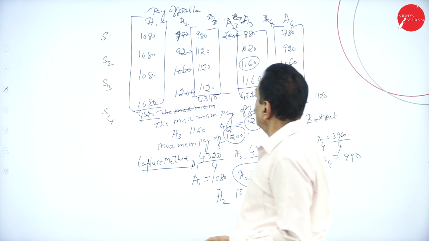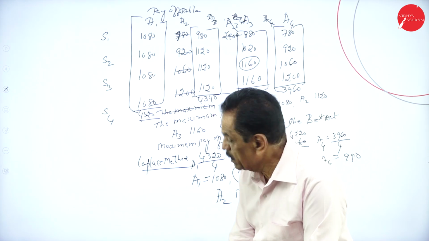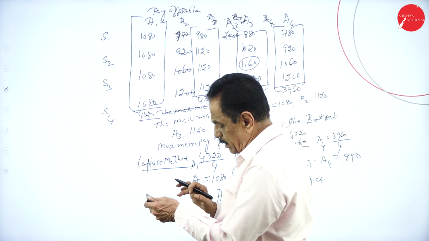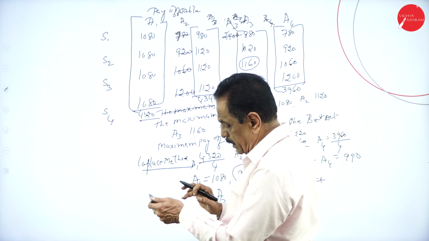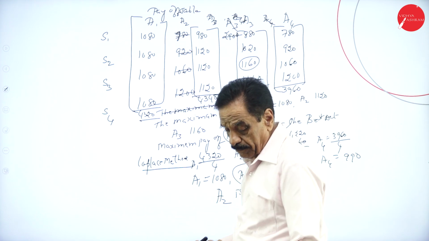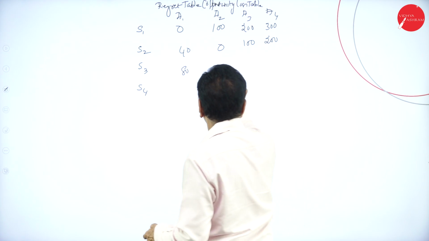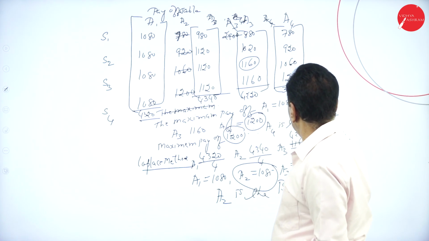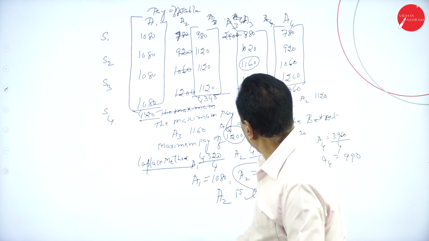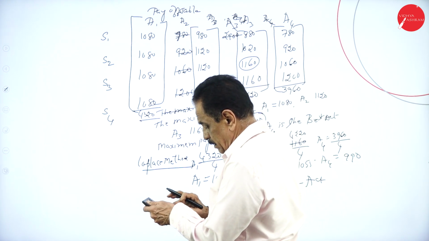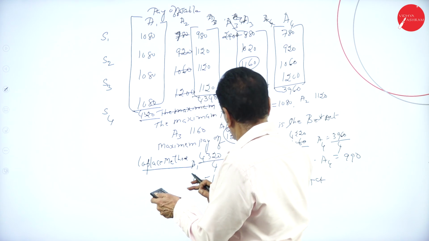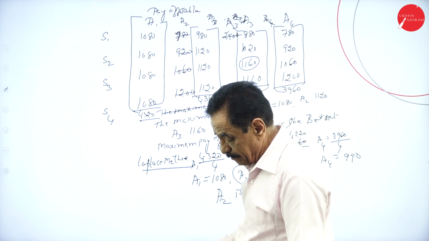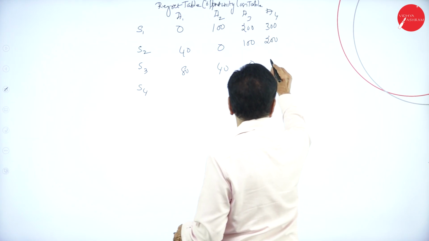Then second one, 1160 minus 1120, 40. This is 0. Last one, 1160 minus 1060, 100.